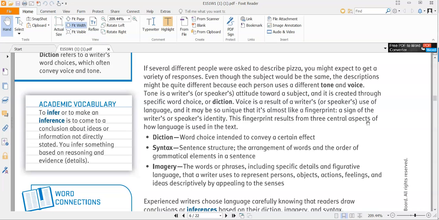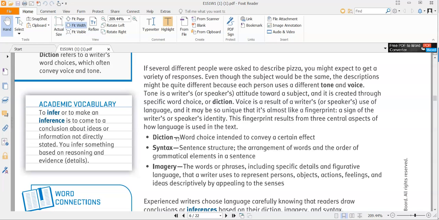This fingerprint results from 3 central aspects of how language is used in the text. So we have diction, which, as I mentioned before, is word choice intended to convey a certain effect. So when you're choosing words, you have to be very careful to use words that actually carry weight. Syntax is sentence structure, the arrangement of words and order of grammatical elements in a sentence. So that's like, are your sentences complex? Are they simple?